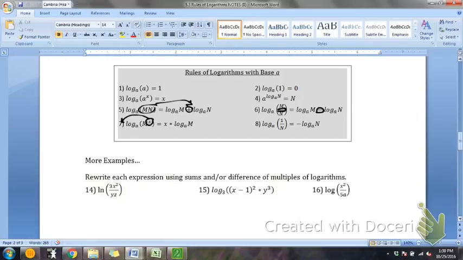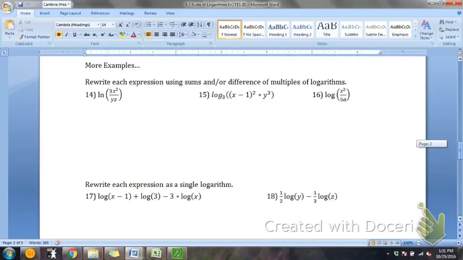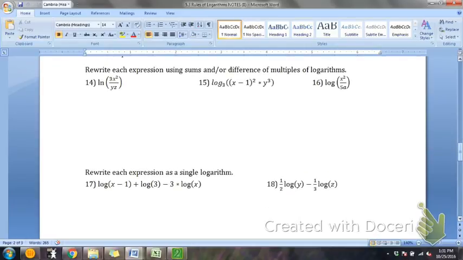All right? So let's look at a few more examples that are a little bit more intense. It says rewrite each expression using sum and or difference of multiples of logarithms. So all that they're asking us to do on 14 through 16 is use the rules that we just learned about. So on all of these we are expanding.